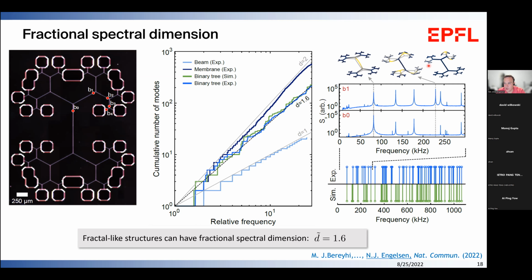But we think this is because these extra modes that are there in addition to the string are localized in the branches of the tree, and these modes can hybridize and get frequency shifts due to different kinds of fabrication imperfections. But nevertheless, the overall scaling is preserved.